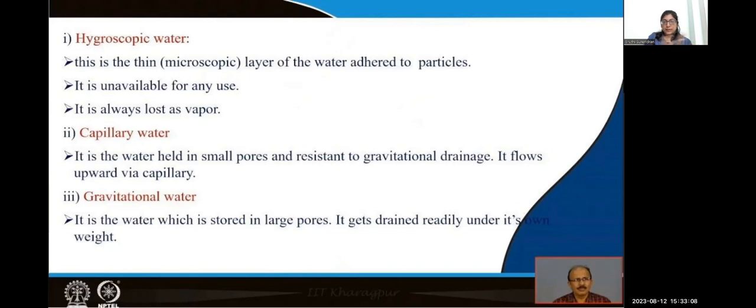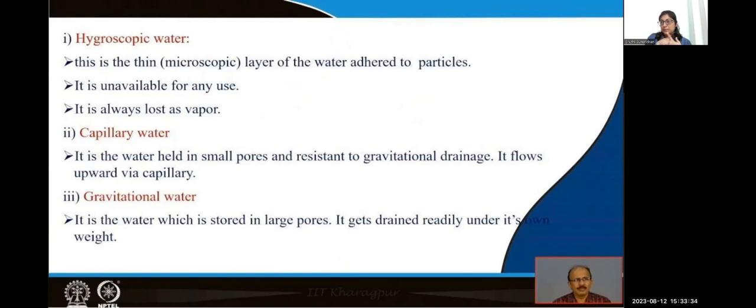Now, capillary water we know: within the soil water zone, there is water that exists as a result of capillary action. Gravitational water is the water that drains out as a result of gravity, when the force is larger. So this classification is based on the moisture content in the soil water zone.